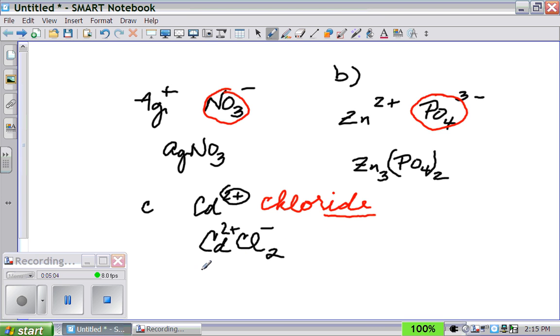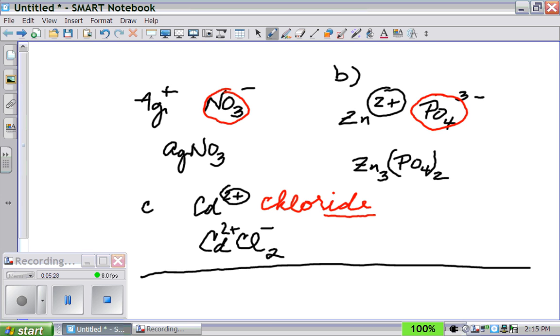Okay, now we're going to go down to copper chloride, and iron sulfate. And you'll notice that each one is a little bit different. And what I want you to pay attention to here is that in all of the ones that we've done so far, what we've been able to do is to crisscross. This is called crisscross method. We've been able to take our charges and crisscross them. So you see this one's a 3 and this one's a 2.